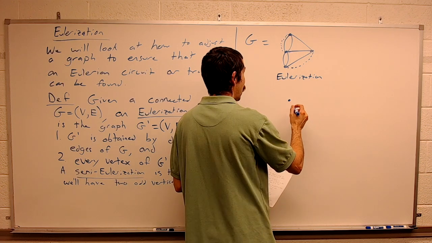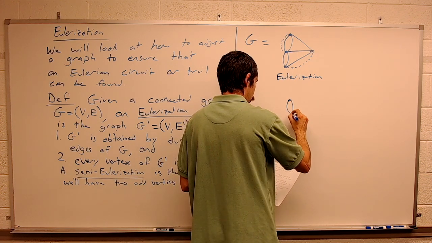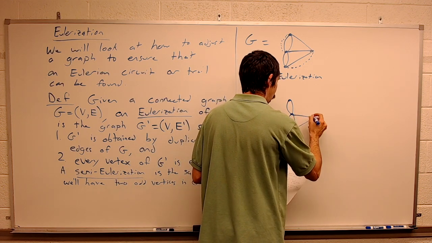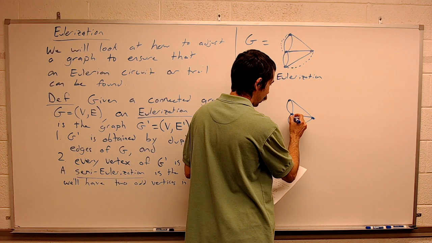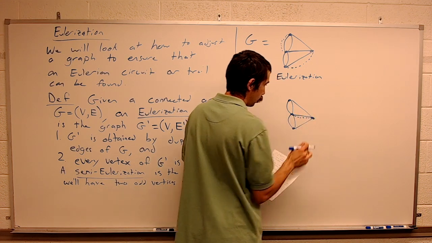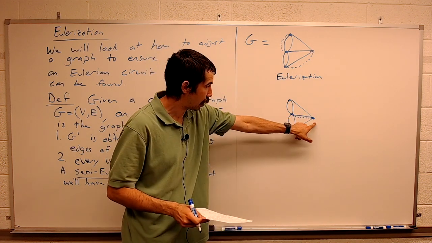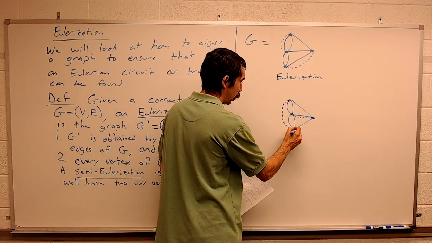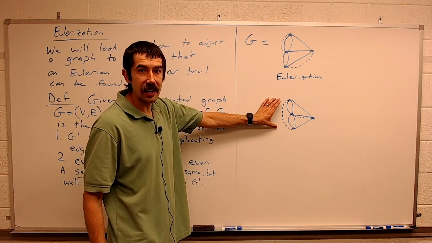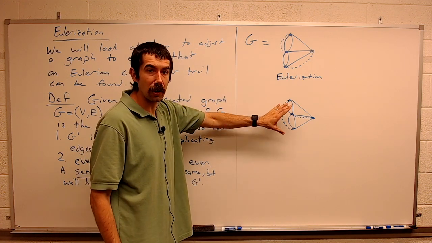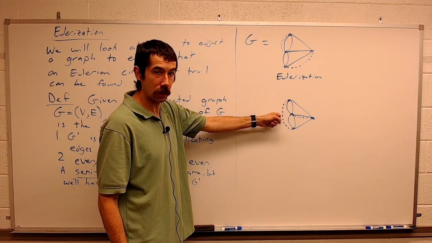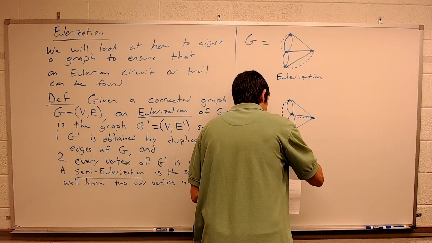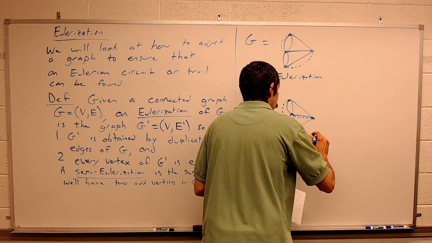But if we did the same thing, looking at the same graph, and let's say I duplicated this edge. So even, even. These two are odd. If I put an edge here, this is not duplicating one of the old edges. This is a totally new edge. So this is not an Eulerization.